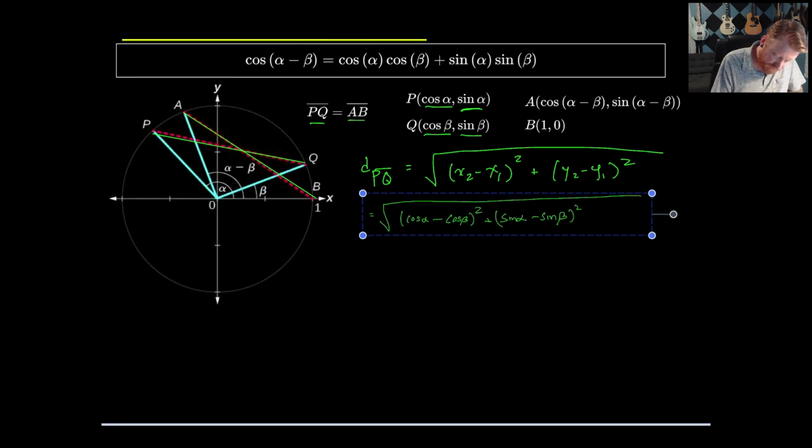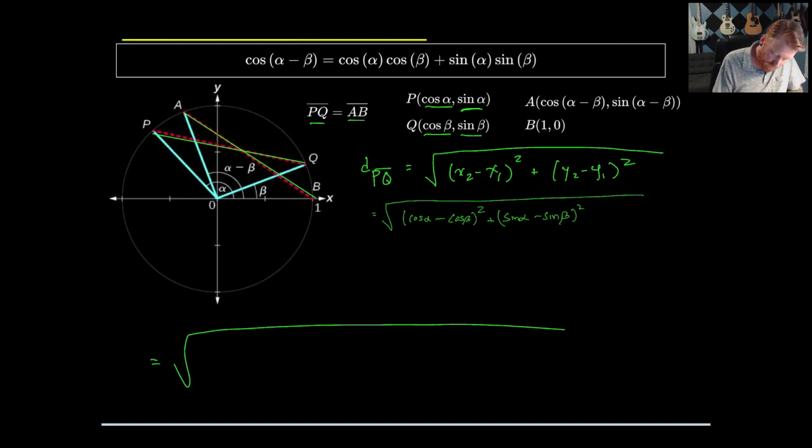And now we just need to start multiplying things out here. So in our next step, we are going to get the square root. Cosine alpha minus cosine beta squared is going to give us cosine squared alpha minus 2 cosine alpha cosine beta plus cosine squared beta.